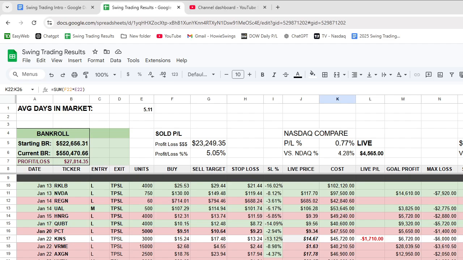So I just read something interesting where a dude was saying that he knows that he wins about 50% of his trades. So over a long period of time, it will be likely that at some point he will have 10 losers in a row. So 10 losers in a row could be 10 of your trades getting stopped out on the same day.